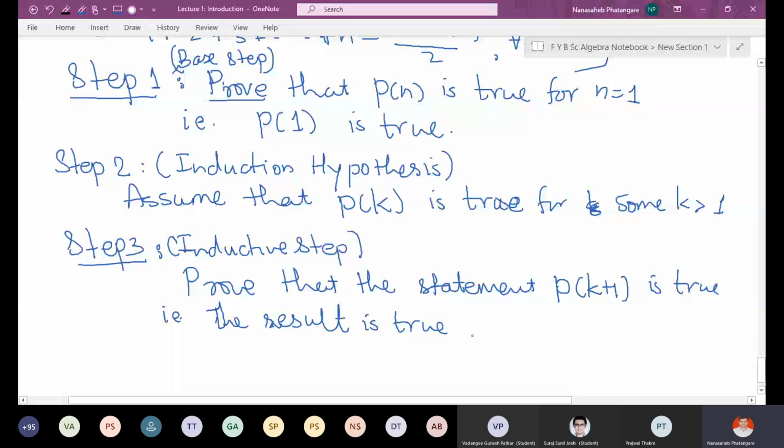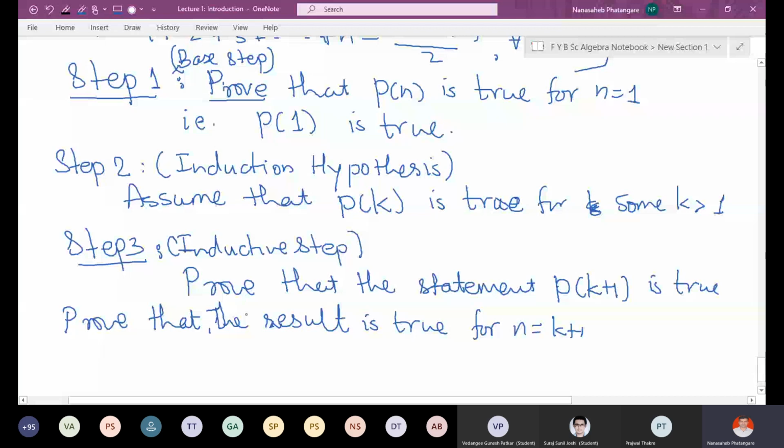That is to prove, not an assumption. This is not an assumption. So prove that the result is true for n equal to k plus 1. So these are the steps.